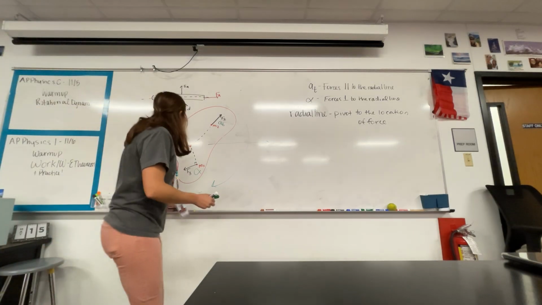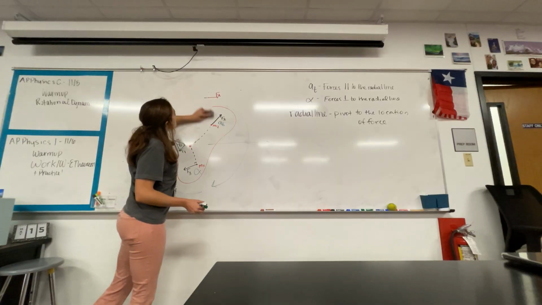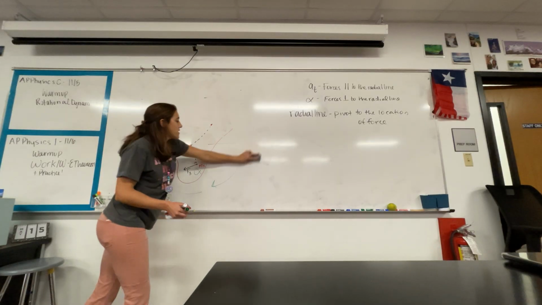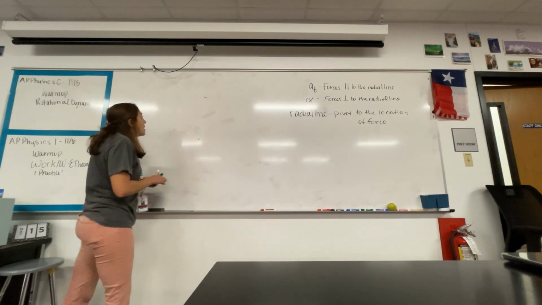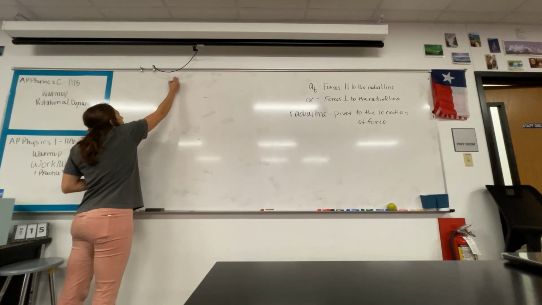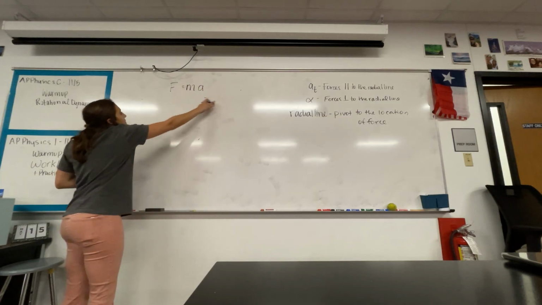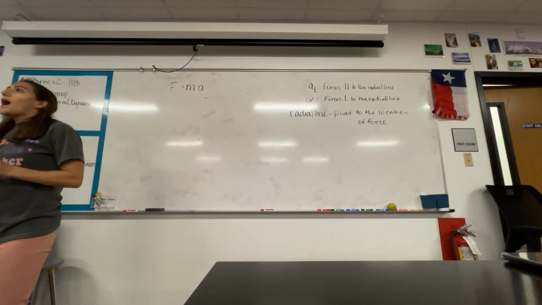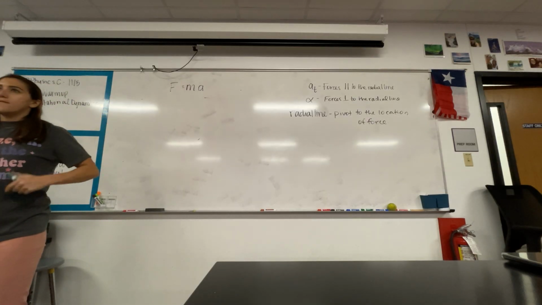All right, with that, let's talk about Newton's second law. So Newton's second law says F equals ma. Pretty standard stuff there. Force equals mass times acceleration. Well, in fact, I want to change this into the rotational equivalent of force.